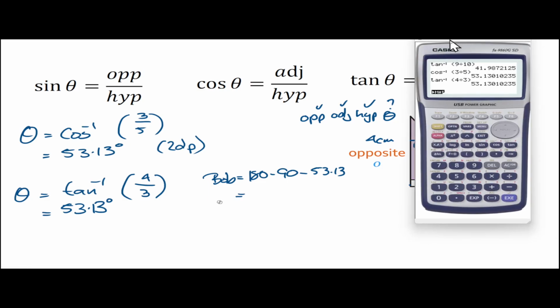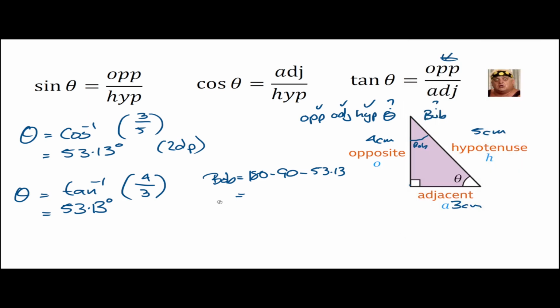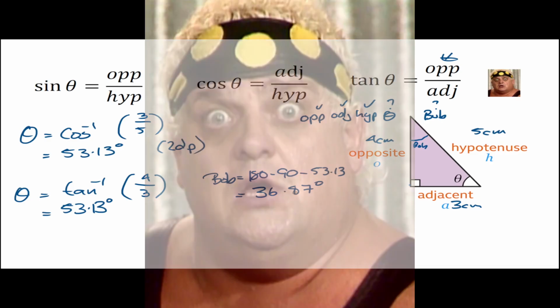I'm going to need the calculator. 180 minus 90 minus 53.13: 36.87 degrees. And that's that.